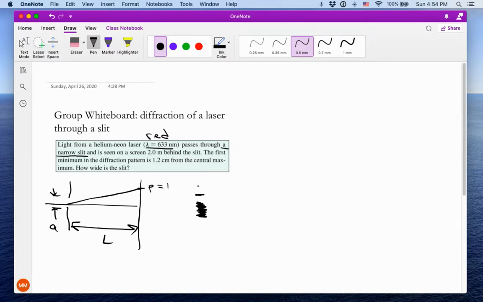And this is my first bright fringe, second bright fringe, first bright fringe, second bright fringe, right? So this is my P equals 0. This is my P equals 1. This is if I were looking at the screen from the left. So I'm going to have my P equals 0 here.